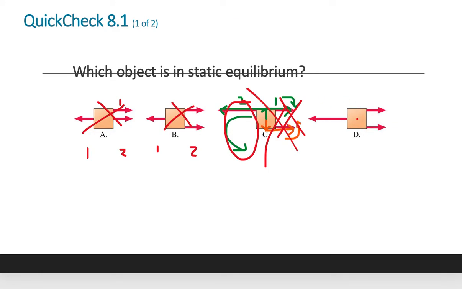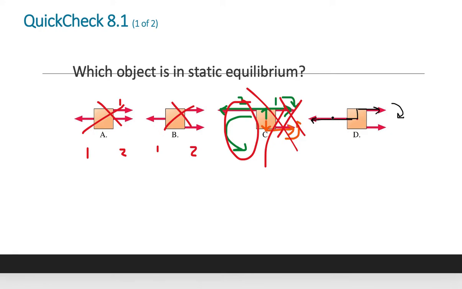Let's take a look. Let's start with R. We have R perpendicular to F, and that's going to cause a small turn to the right. Here, notice this R is in line with this force.